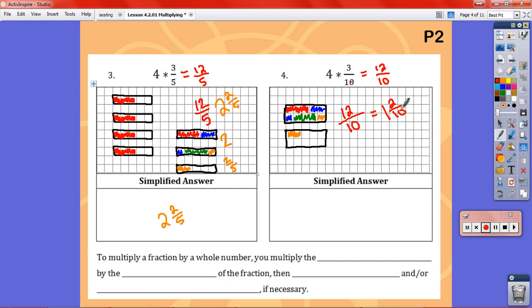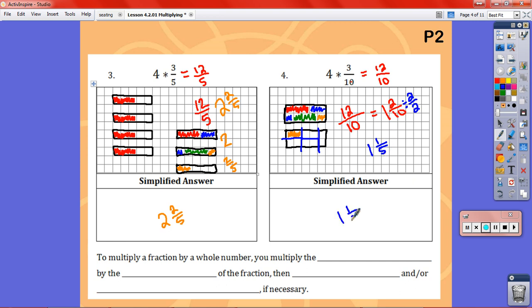So that's 1 and 2/10, and 1 and 2/10 can be simplified because they're both even, so I'm going to put even pieces together, like so. 1, 2, 1, 2, 1, 2, 1, 2, 1, 2, and there's a total of 5 pieces, and one of them is filled in. So this is 1 1/5. Divide by 2. 2 divided by 2 is 1. 10 divided by 2 is 5.